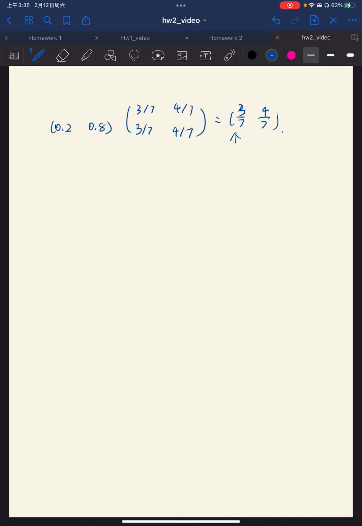So this one is for the limit of Pn equals 0, and this one is for the limit of Pn equals 1. And 3/7 is our final result.